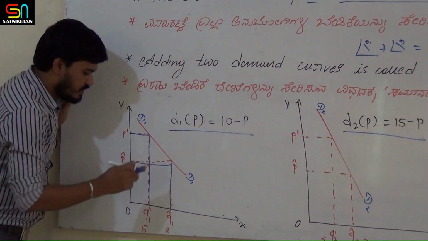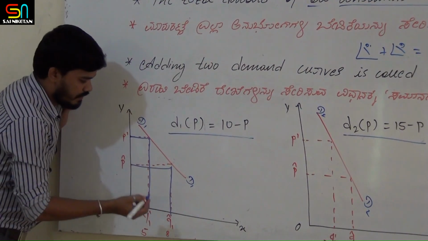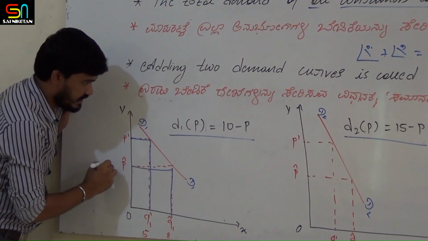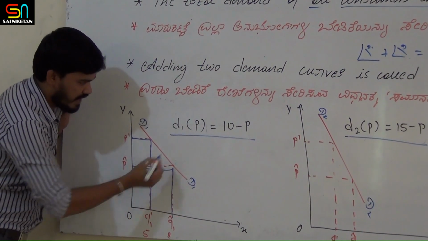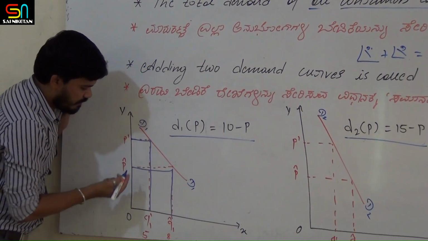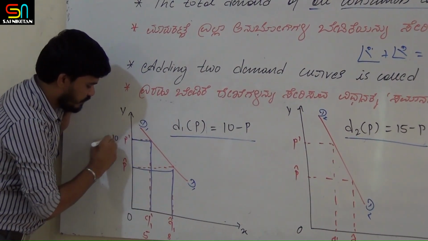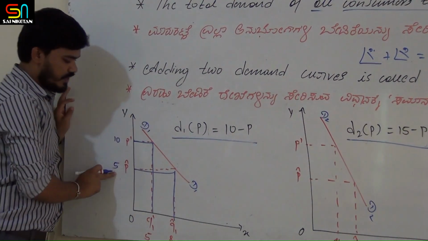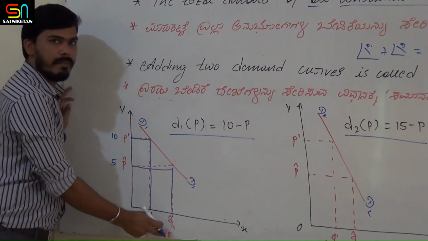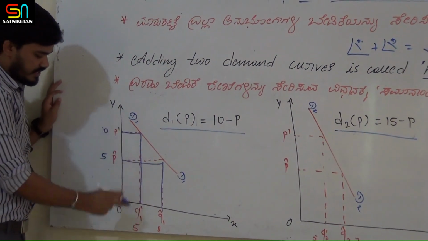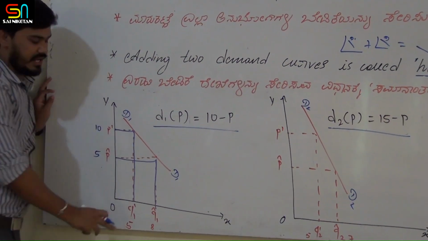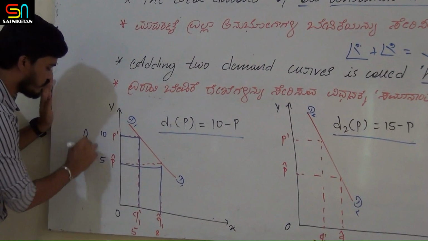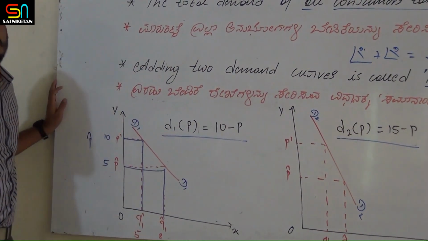So for example, this person is demanding a 10 rupees product. Maybe here the 10 rupees will be there, here the 5 rupees. For 5 rupees he is demanding 8 bananas. For 10 rupees he is demanding 5 bananas. It means when the prices increase, obviously he reduces his quantity demanded.